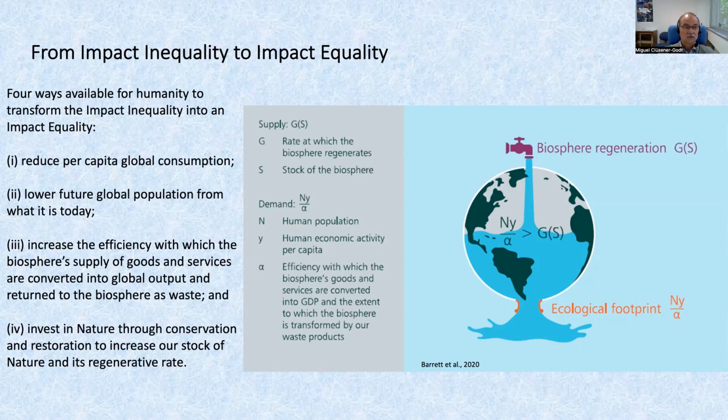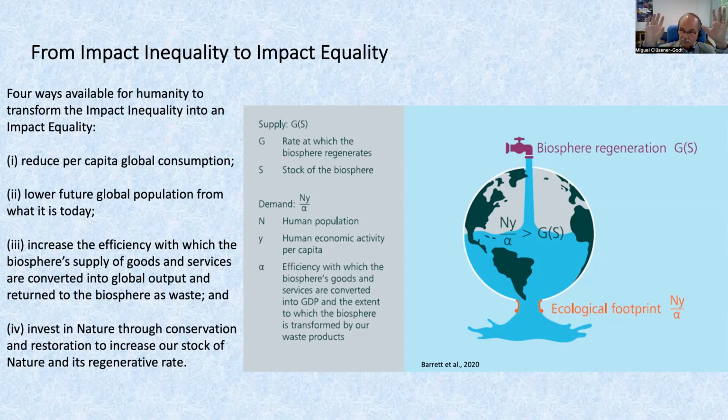Increase the efficiency with which the goods and services the biosphere brings us are produced into global output and then returned into the biosphere as waste. So this efficiency equation must be increased. For example, water. We take out water from nature. We use it.